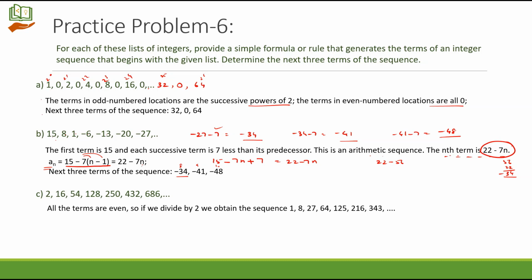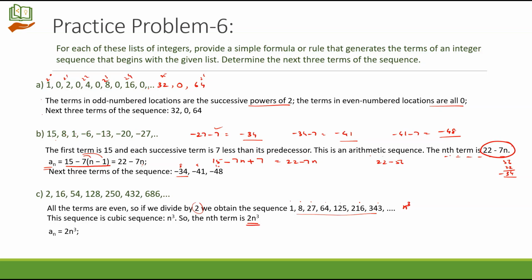What are these actually? N cube sequence. 1 cube, 2 cube, 3 cube, 4 cube, 5 cube and it goes on. So the nth term can be 2 into n cube because after dividing it by 2 only you are getting this particular sequence.